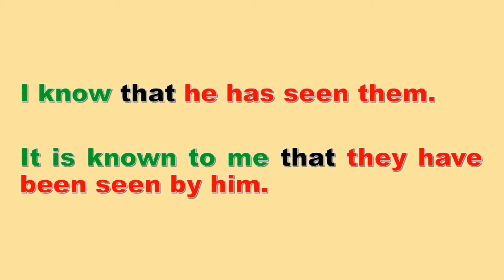Now, as we all know, the subordinating conjunction used here is that. So on the left hand side of it, we have one part, I know, and on the right hand side of it, we have he has seen them, and we have to transform both the parts. Look at the answer here.